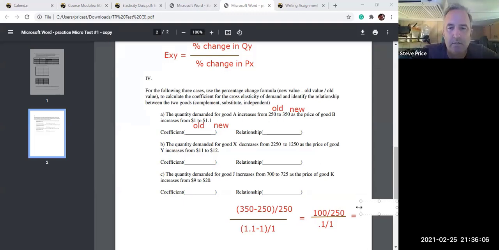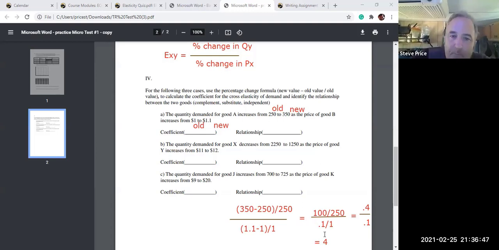Oh, sorry, no. Sorry, that's not the proper answer there. It's 0.4. 100 divided by 250 gives you 0.4. And then 0.1 divided by 1 is going to give us 0.1. And if you divide 0.4 by 0.1, that gives you 4. So for A, the coefficient is 4.